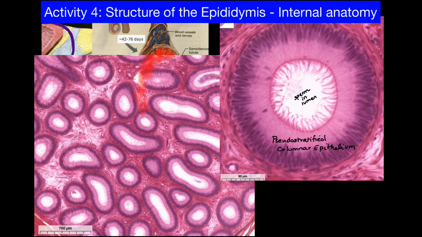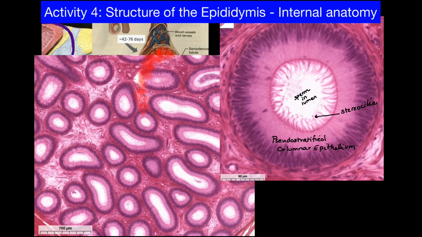The other thing we see is that the epididymis has pseudostratified columnar epithelium around the outer edge. So the tissue layer that makes up these tubes is pseudostratified columnar epithelium. And hopefully you notice these funky little wavy things. Those are all stereocilia.